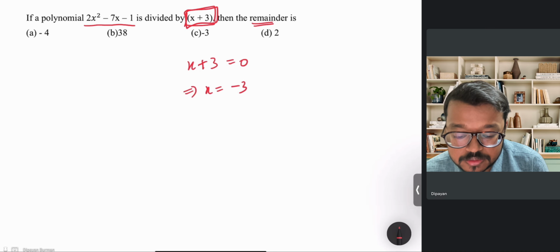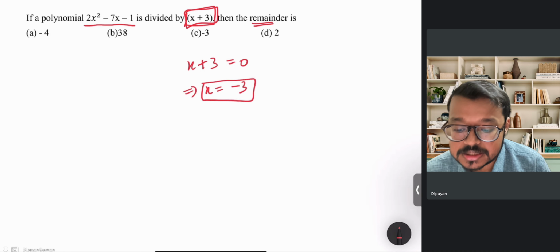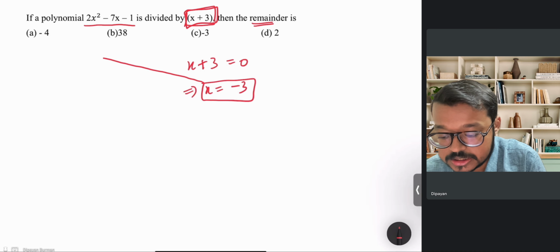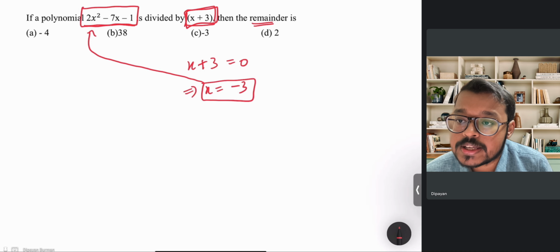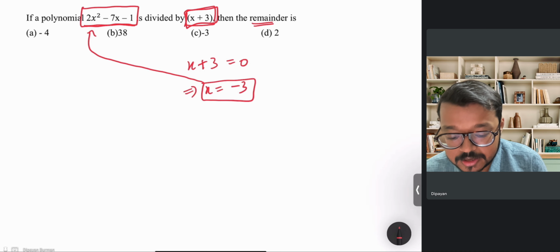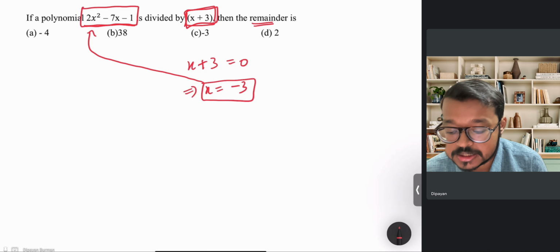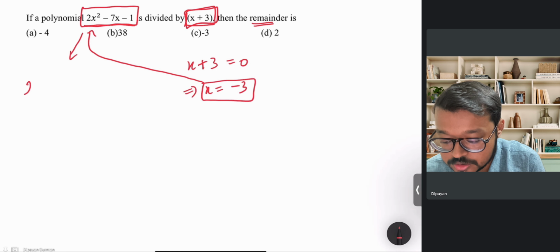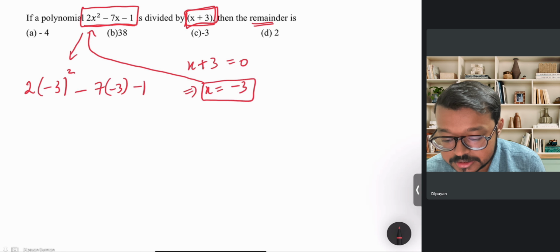Now this value of x, which is minus 3, if I substitute in the dividend, which is 2x square minus 7x minus 1, and evaluate, then that value will be the remainder. This is known as the remainder theorem. So if I plug in x equal to minus 3, I will get 2 into minus 3 square minus 7 into minus 3 minus 1.